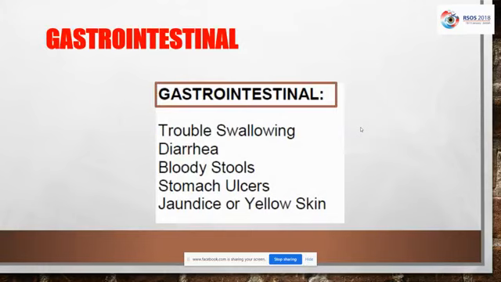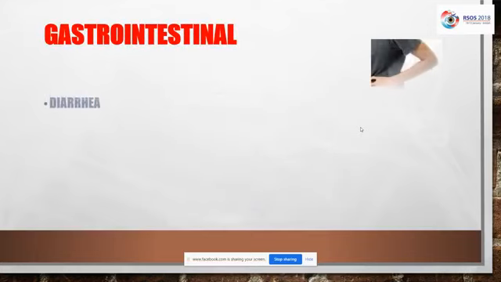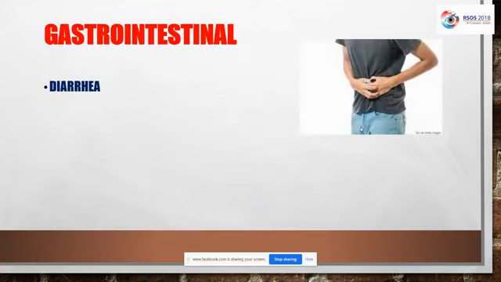So for the gastrointestinal tract system, the symptoms you need to ask about are trouble swallowing, history of diarrhea, any history of bloody stools, any history of stomach ulcers, any history of jaundice or yellow skin. So this also needs to be reported as positive data if the patient has any of those symptoms, and you can correlate it more with specific diagnostic entities.